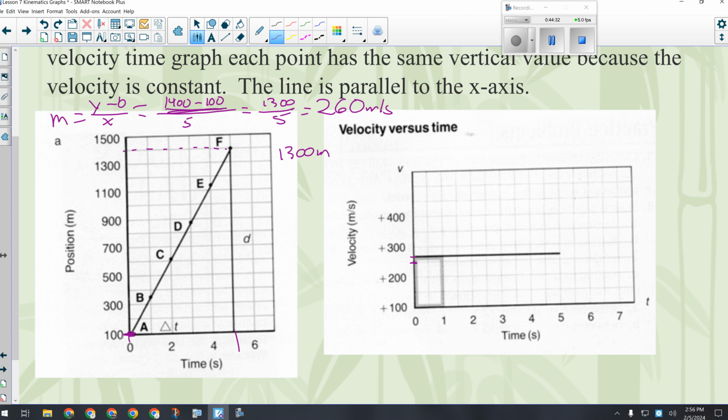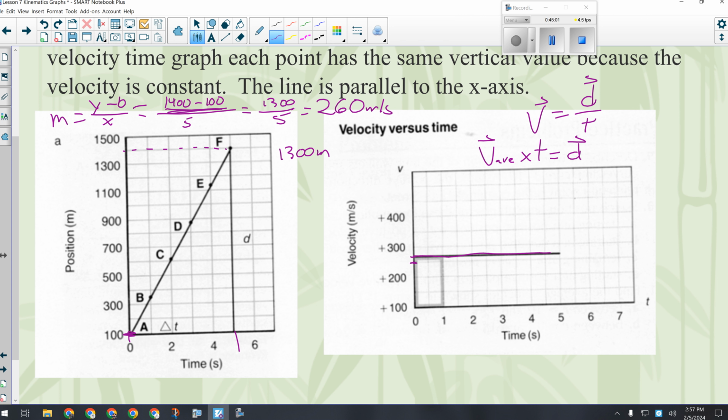I can't do that here because this graph doesn't show position. But this graph does show velocity, and time. So if I manipulate that formula to solve for d, it would look like this, right? Average velocity times time equals displacement.